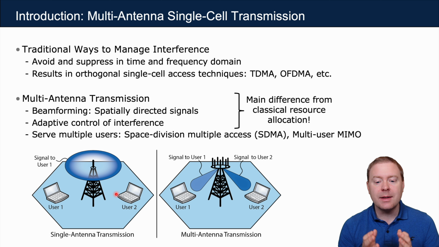So this is the main difference from classical resource allocation. When you have multiple antennas at the base stations, we can serve multiple users at the same time at the same frequency, and this is known as spatial division multiple access, or SDMA, or multi-user MIMO.